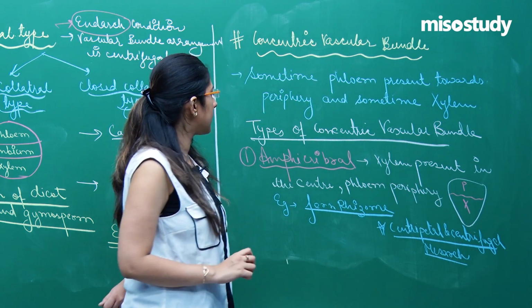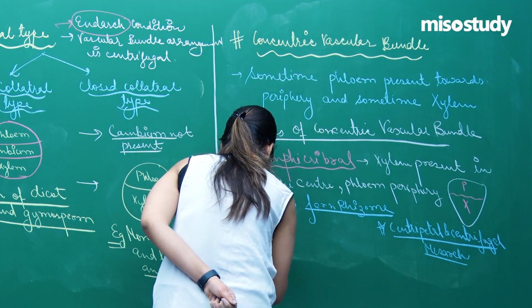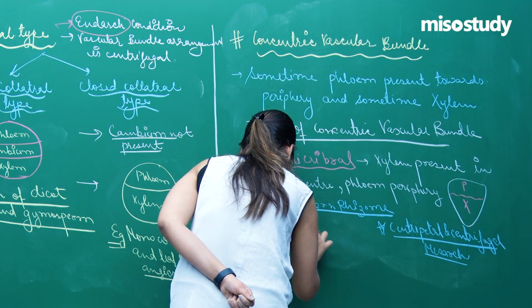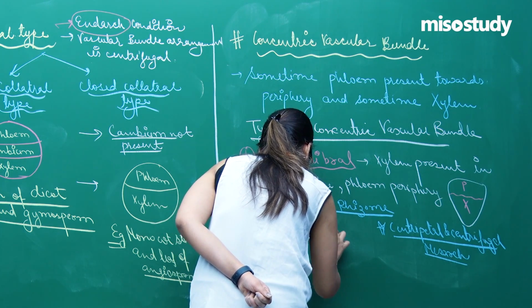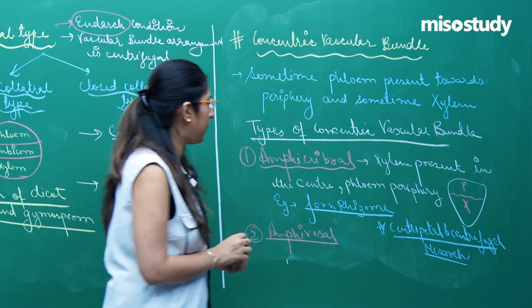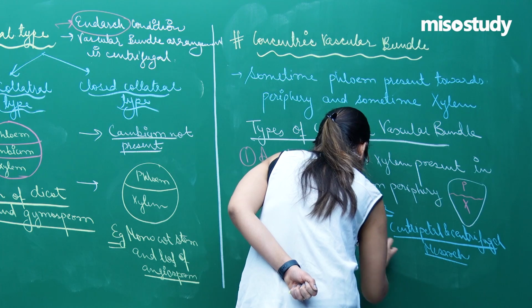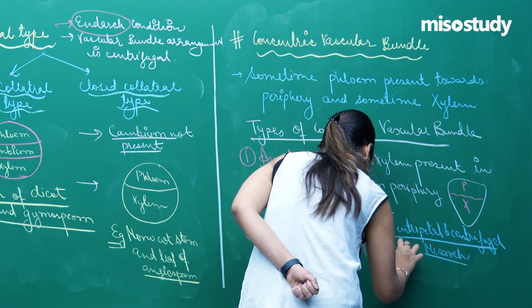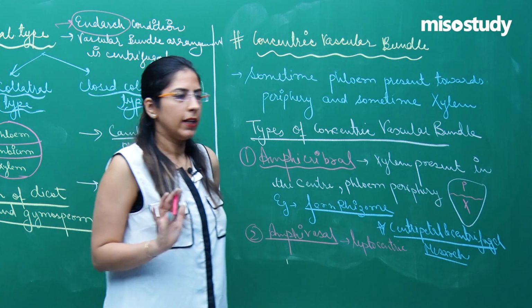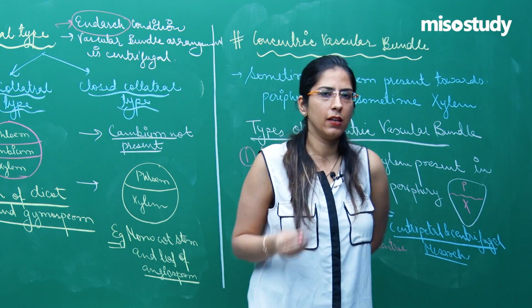Let's talk about the second type which is called as amphivasal. Amphivasal is also called as leptocentric. In this condition, how are the xylem and phloem arranged?